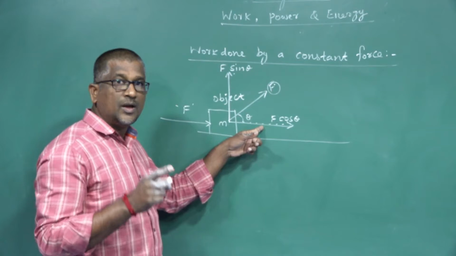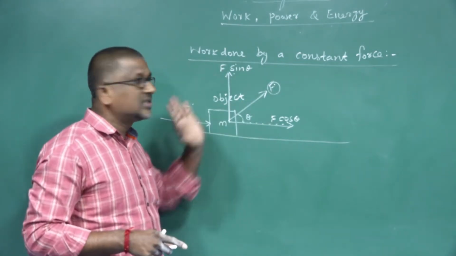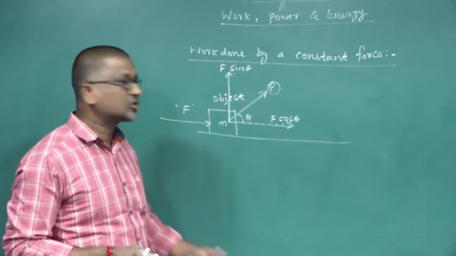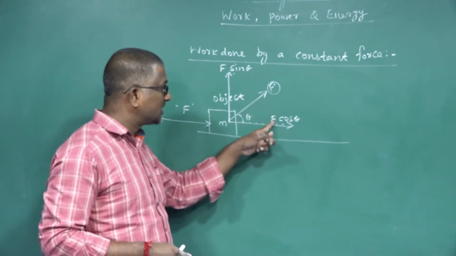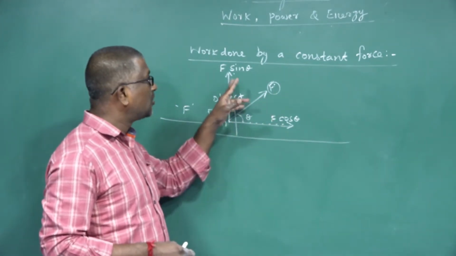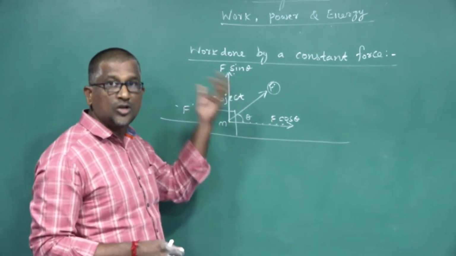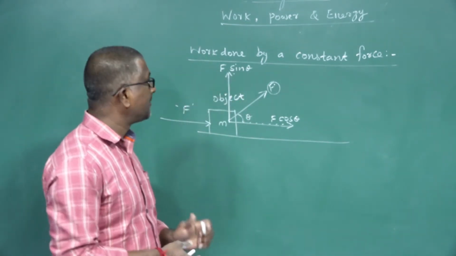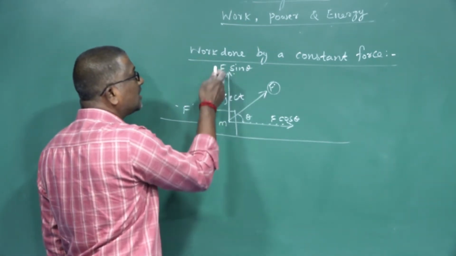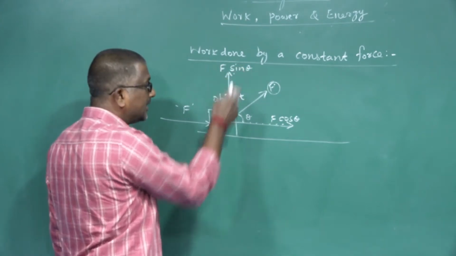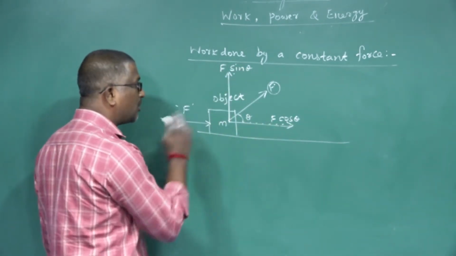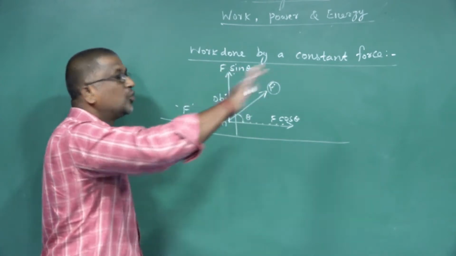The component which makes an angle of theta with the given force is called the cos component, F cos theta, and the perpendicular component is the sine component, F sin theta. Here the vertical component F sin theta is perpendicular to the direction of motion of the body, so it does not do any work.